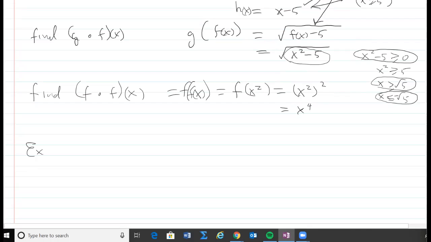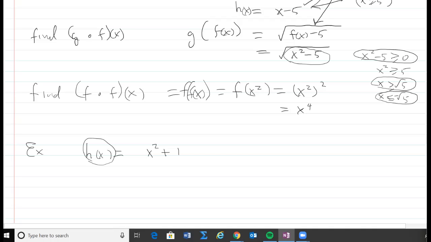Let's say I have a function h of x equal to x squared plus 1. You're asked, how might this be a composition of two functions?